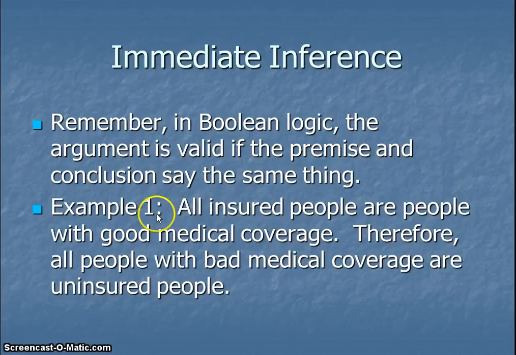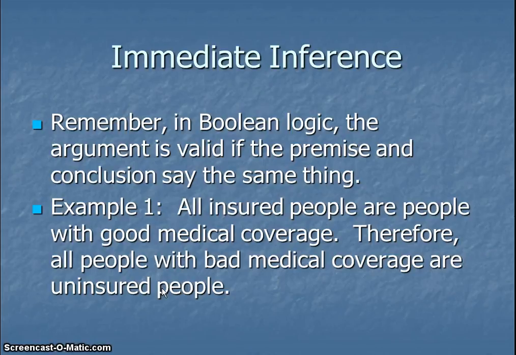Because these people here have good medical coverage. These people have bad. It's the opposite. Are uninsured people. Here I talked about insured people, so all uninsured people would be non-I's. Okay, so now what you should have on your paper is all I are P, and a line representing going to the conclusion, and then all non-P are non-I.